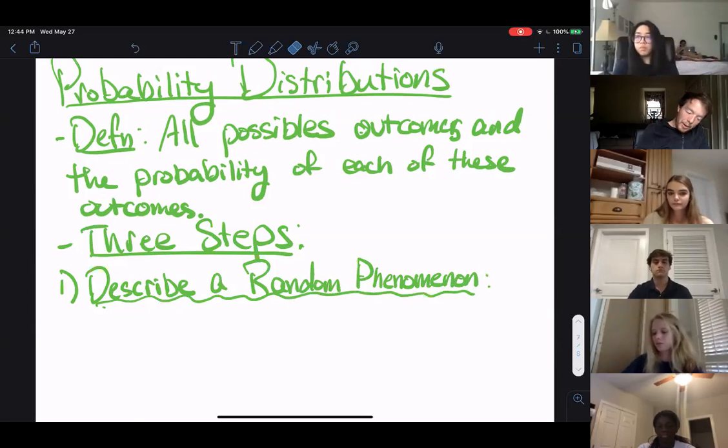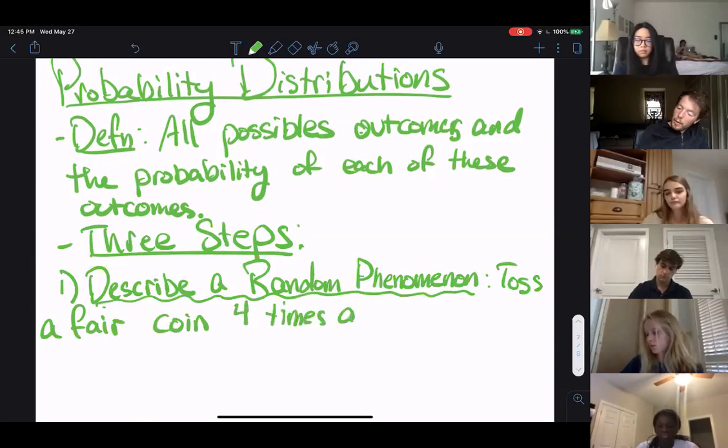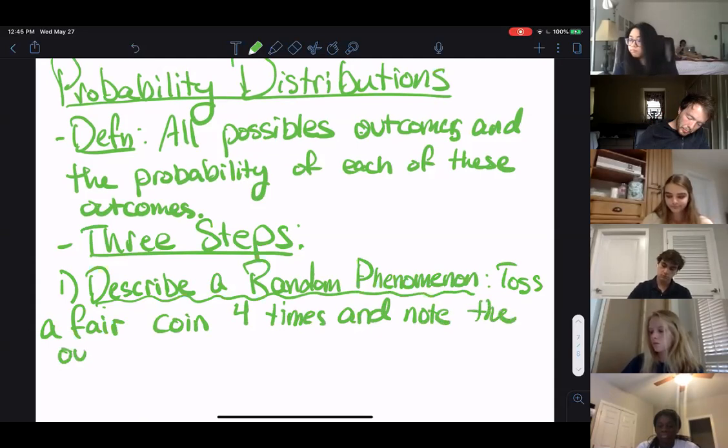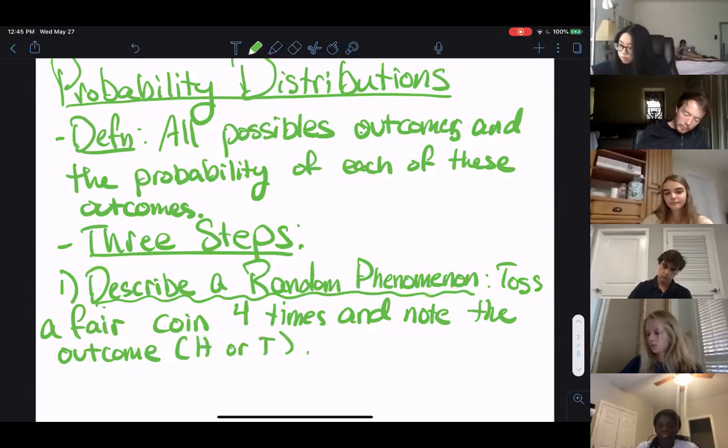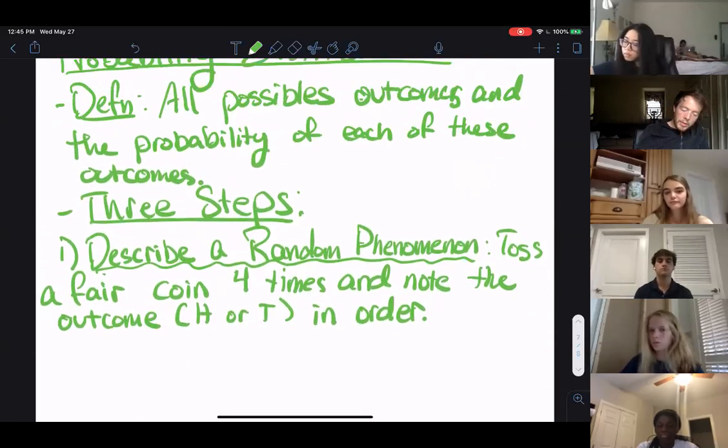So my random phenomenon can be described by saying toss a fair coin 4 times and note the outcome, heads or tails, in order. So note if it was like heads, heads, tails, or tails, heads, heads kind of thing.